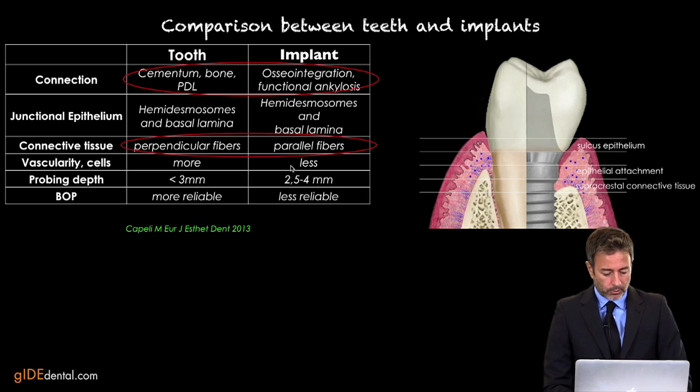But the most important difference is the connective tissue. We have perpendicular fibers penetrating the cementum, as you see on the left side of the tooth here, whereas around implants we have parallel fibers. So we don't have fibers from the connective tissue penetrating the titanium.